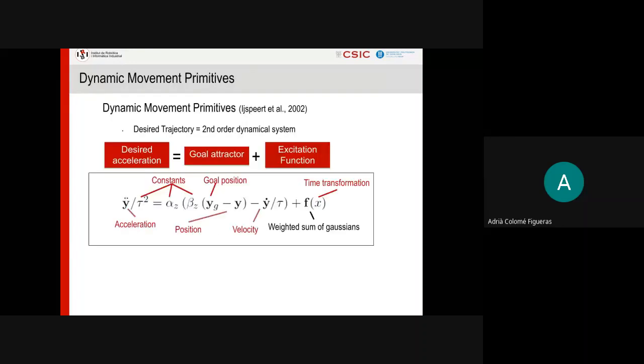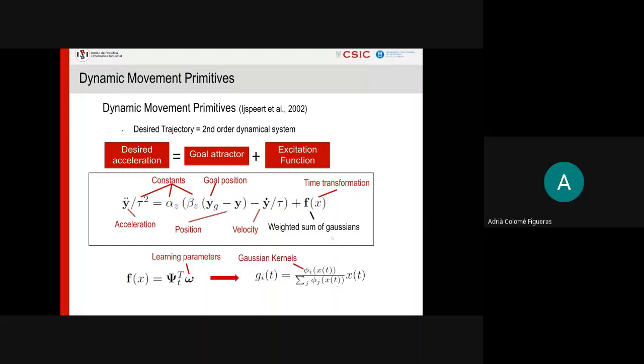So one of the most used movement representations over the last almost couple of decades are dynamic movement primitives. Dynamic movement primitives are simple to understand in the sense that you set the desired acceleration of the motion as a goal attractor, which is a second order critically damped dynamical system, plus a certain excitation function. And this excitation function, F here, is a weighted sum of Gaussians.